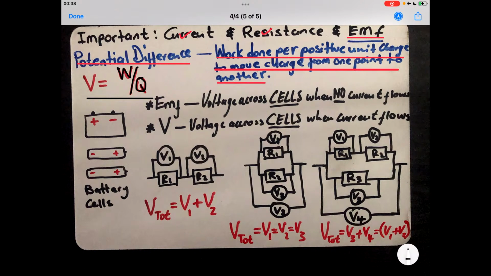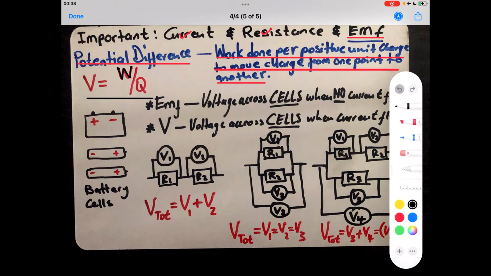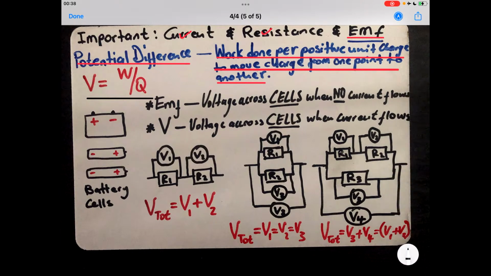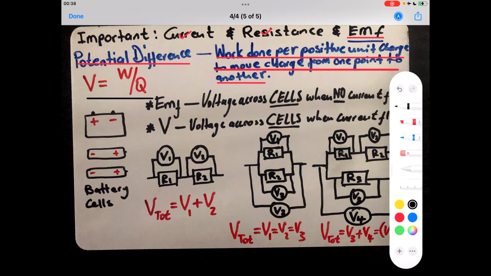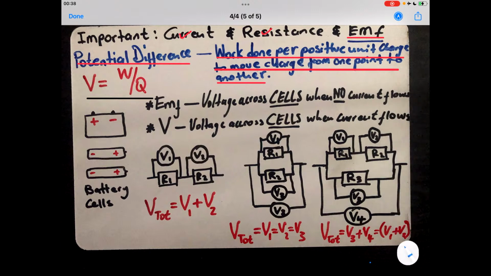So very quickly, honorable members, I think it's worth it for me to explain the EMF and again the V, the potential difference, because I used to get confused. They say, what exactly is the EMF? So the EMF refers to the voltage across cells, good people, when no current is flowing.